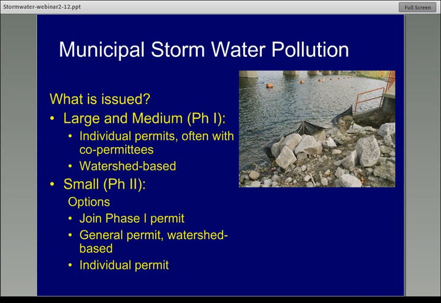In the case of the larger cities, and those would be the ones that are large and medium, considered over 100,000 people, they were regulated back in the mid-90s, and cities of that size were required to pull together their program back then. Those are typically individual permits and typically have co-permittees, as I mentioned, that might be smaller neighboring towns and cities or counties.